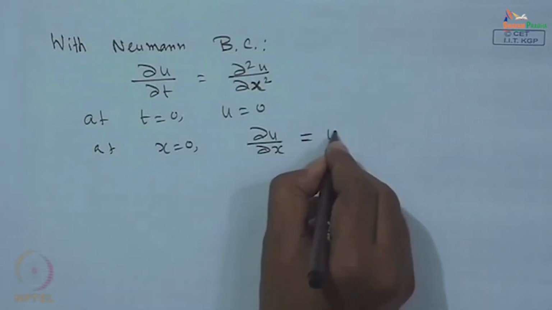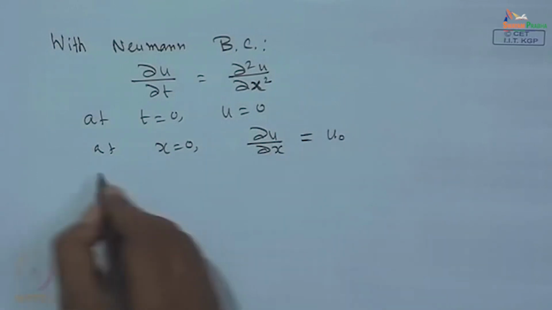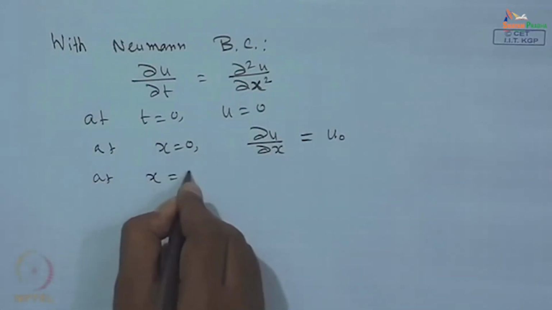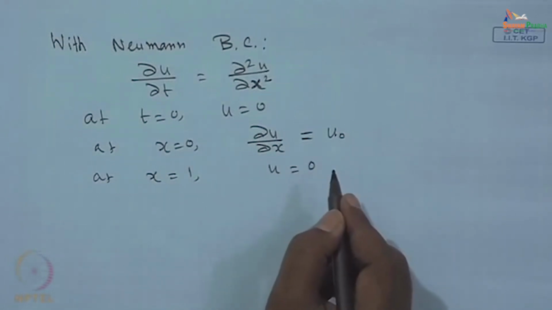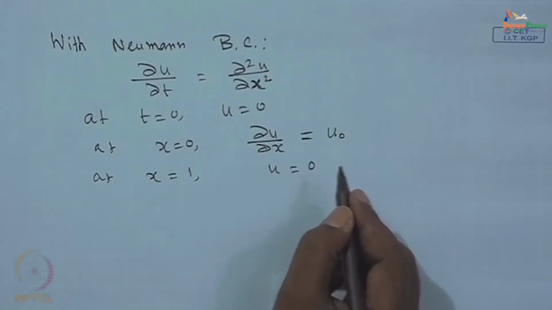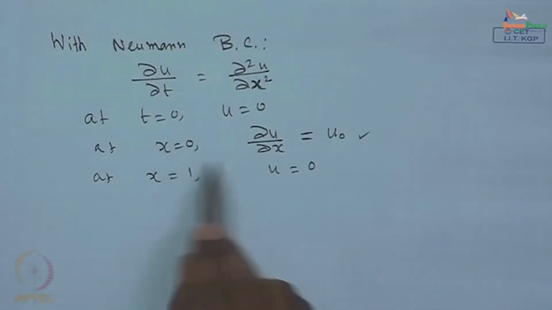So, that may be a constant u 0. At x is equal to 1, we have u is equal to 0. So, we have a non-homogeneous term u naught in the formulation of the boundary condition.